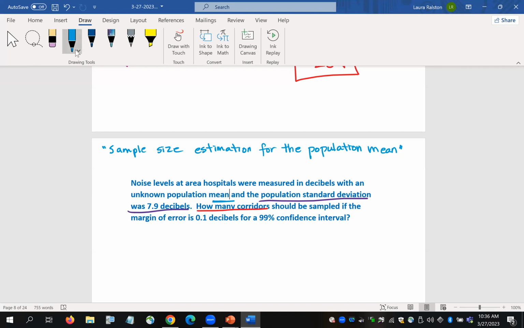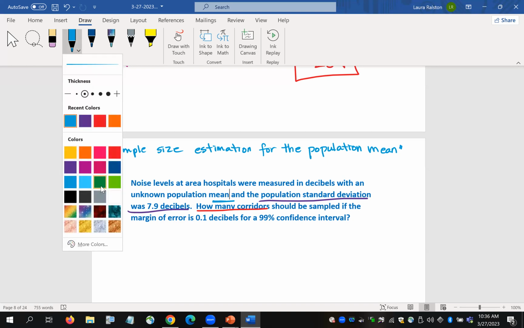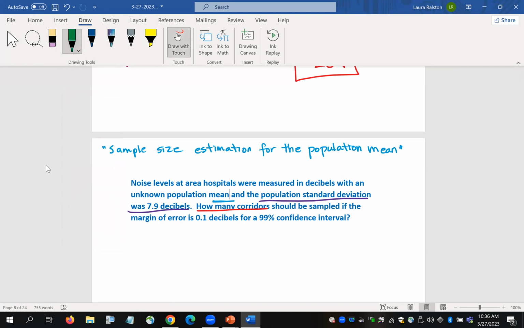And again, I know in this scenario that it is related to the Z interval because I know the population standard deviation.